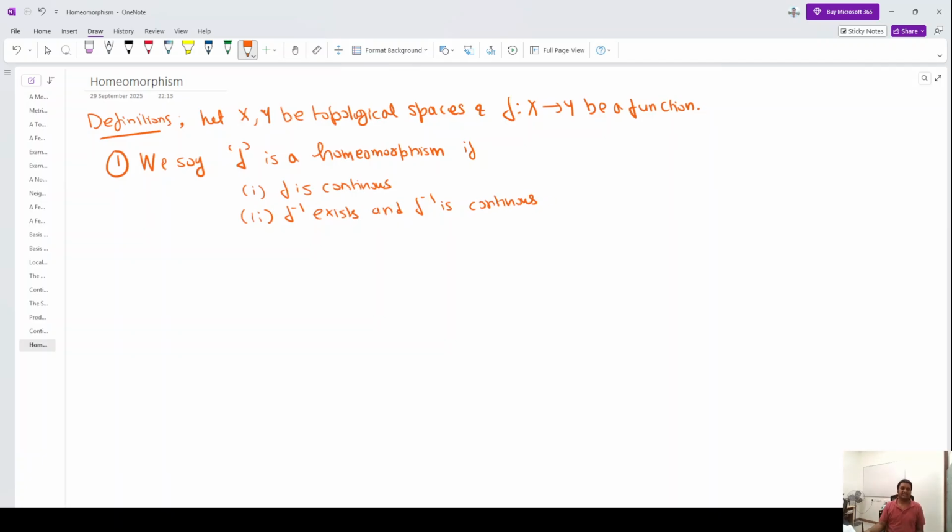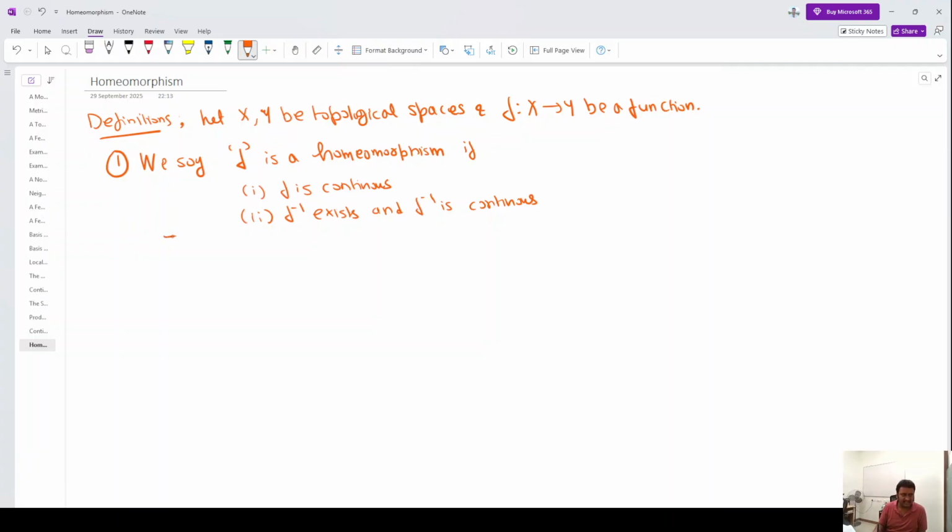So these are the two conditions effectively we want. In sets, we say two sets are equivalent if there is a bijection between them. Here, since we are now dealing with topological spaces, it is not just merely a bijection, both the map and its inverse should be continuous also.